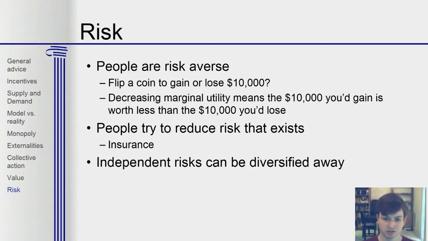So a life insurance company can sell a lot of life insurance where they would have to pay out if someone dies. But because they have it for a lot of different people, instead of it being a big gamble where they can't predict how much they'll have to pay out in any particular year, it gets diversified away, meaning that with that whole group of people, you can tell very accurately how much you will have to pay out each year.